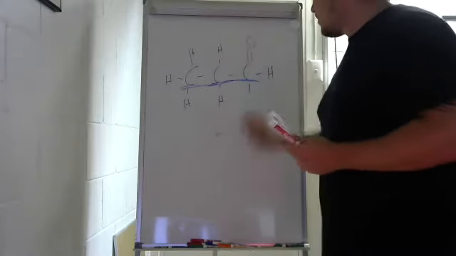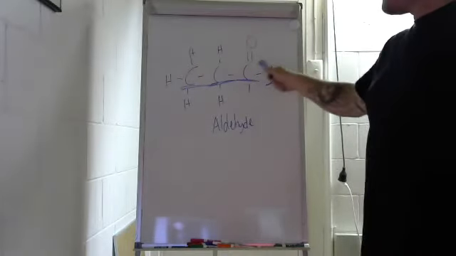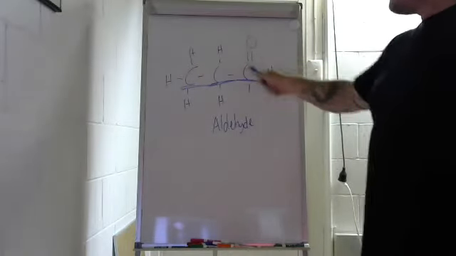Aldehyde because it's attached to an H. So if you see the double bonded oxygen in the middle, with a carbon on both sides, it's a ketone. If you see this on the outside, it's an aldehyde because there's a H. It's trying to hide from this carbon over here.